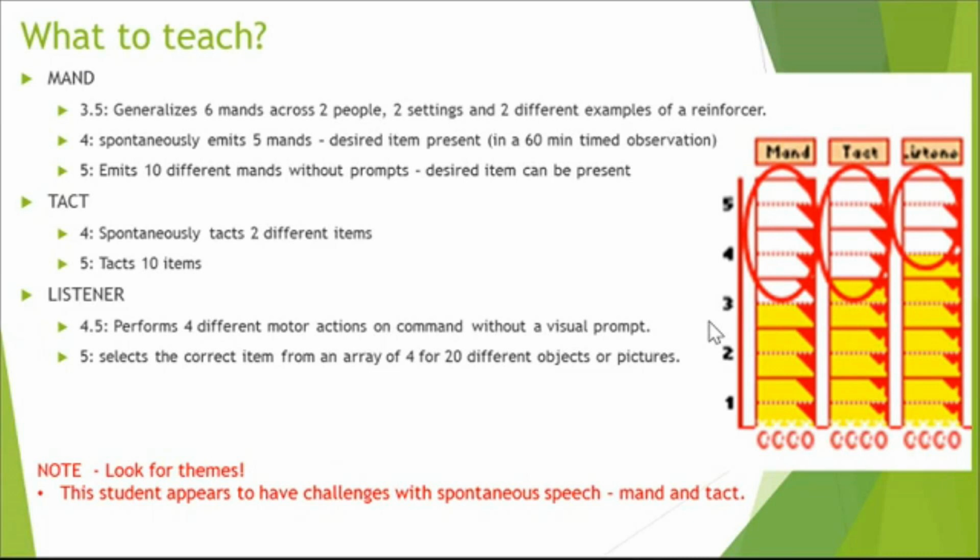So perhaps your learner scored fairly low in the mand repertoire, but their play skills were phenomenal. They scored all the way up into level 2, and you don't want to keep teaching to level 2 and level 3 in play skills while that mand continues to be underdeveloped.